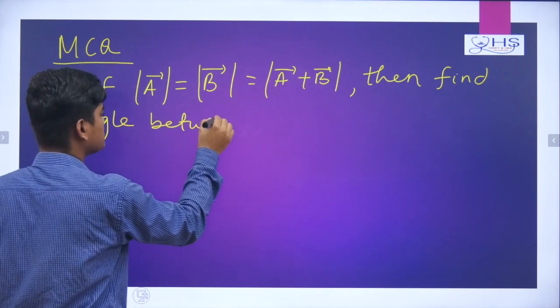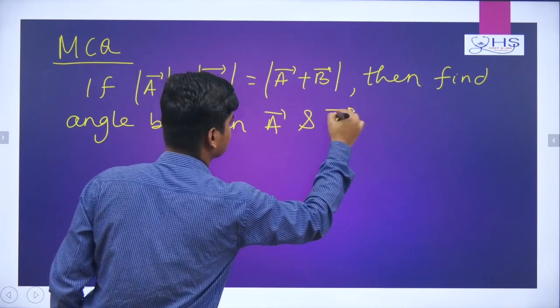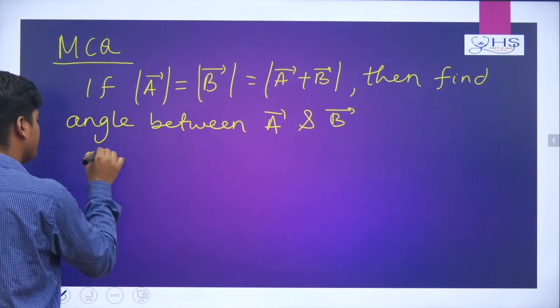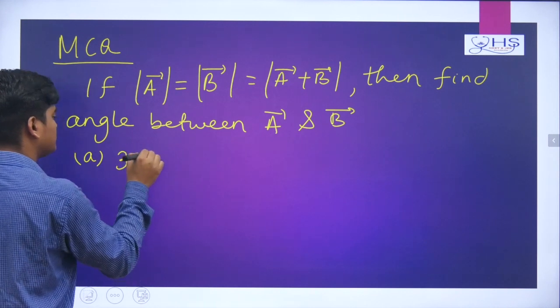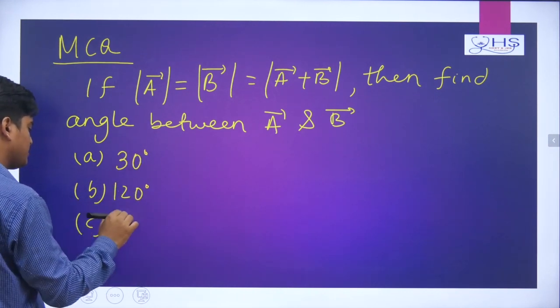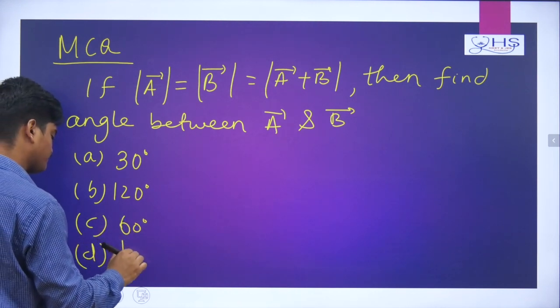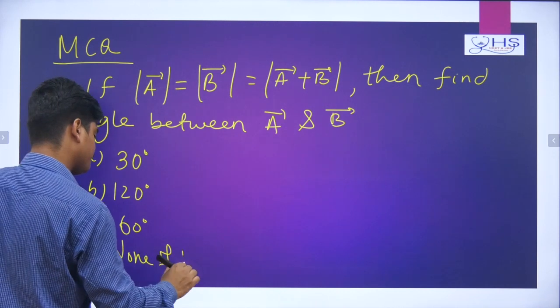The options are: A, 30 degree; B, 120 degree; C, 60 degree; D, none of these.